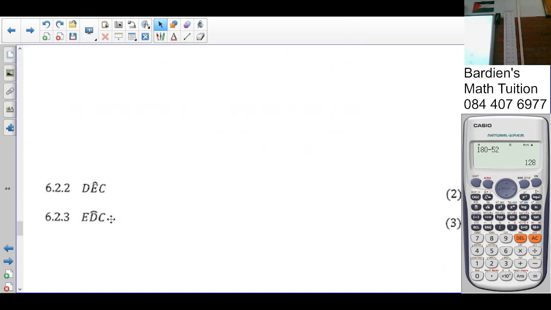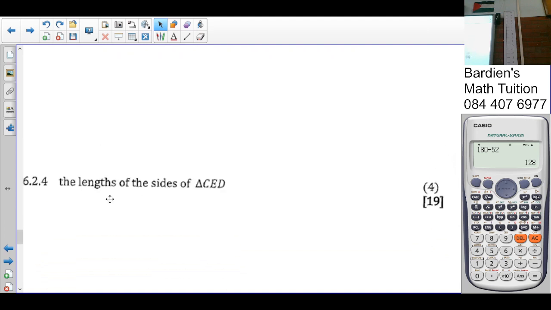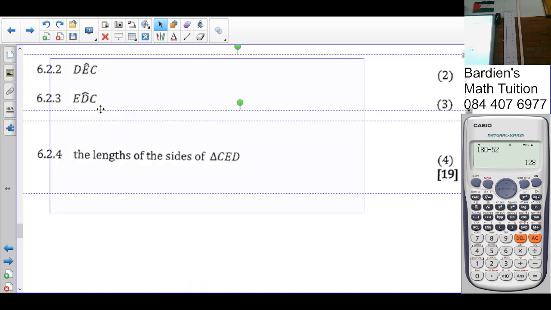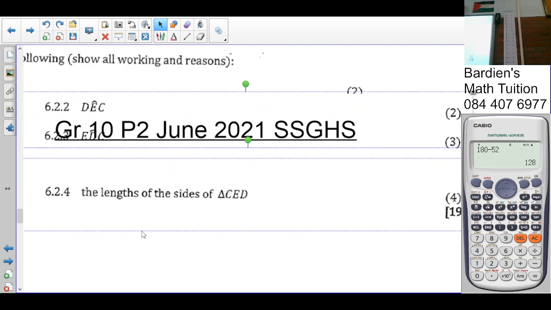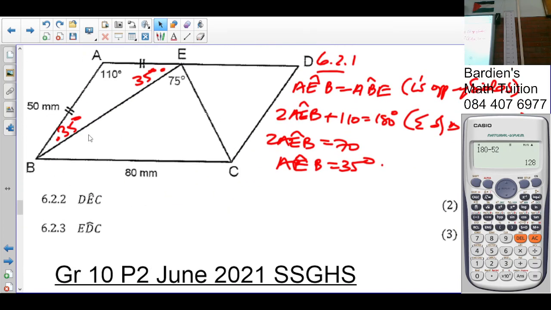Let's look at the next question. The next question says in 6.2.2, DEC. DEC, this angle here.